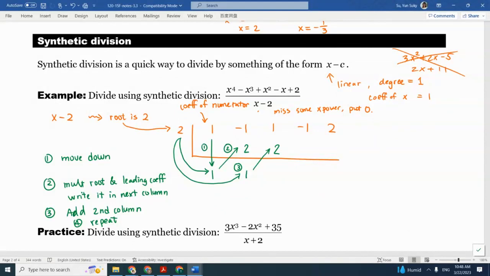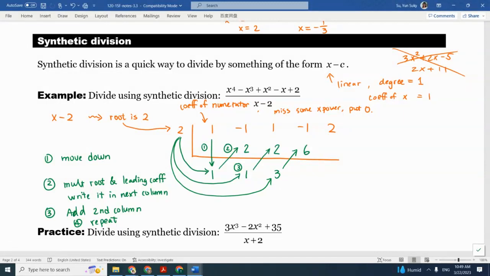Okay, let's see. David. Oh, well, Peter first. Okay, Peter. 1 plus 2 is 3. And then you use 2 multiply by 3, you get what? 6. You put it in the next column. Okay, so multiply by 3 and you get 6. David!